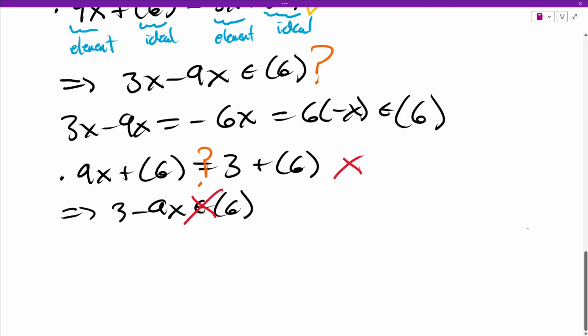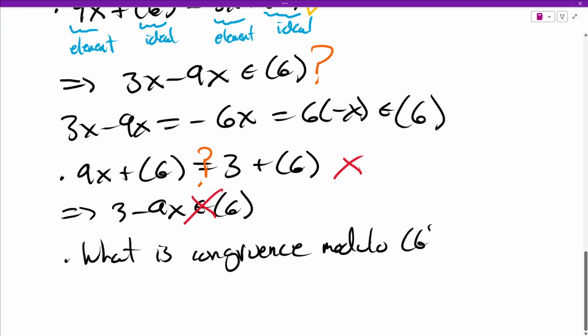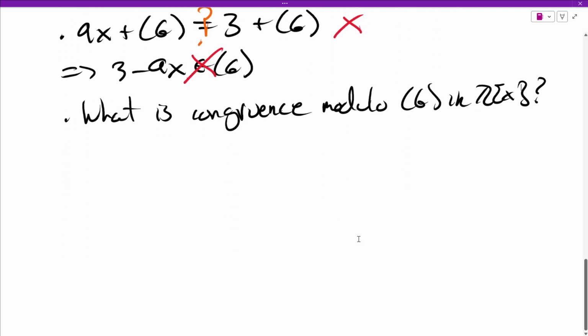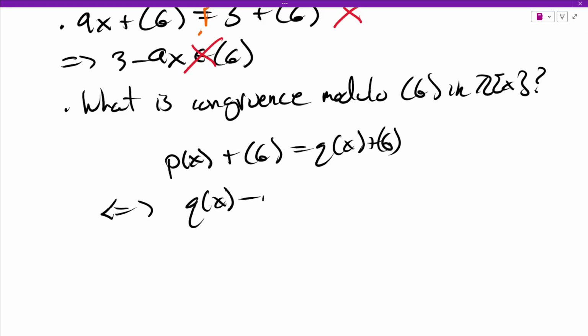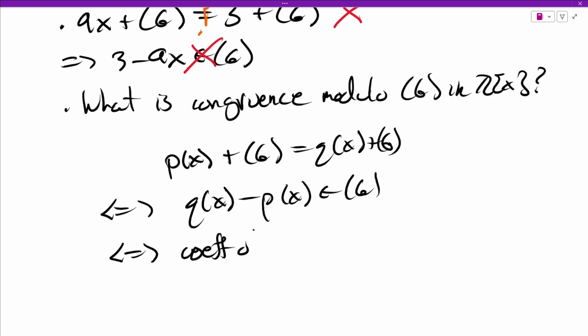So what does it mean to be congruent modulo here? So what is congruence? With this toy example, in this ring Z adjoin X, p of x is congruent to q of x if and only if q minus p is in 6, if and only if the coefficients of the difference are multiples of 6.